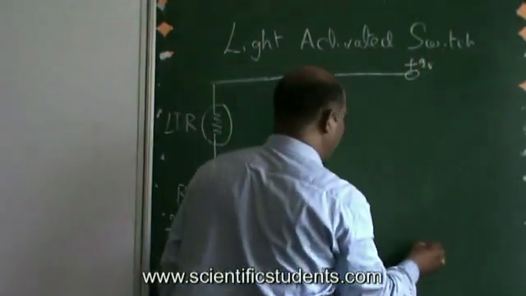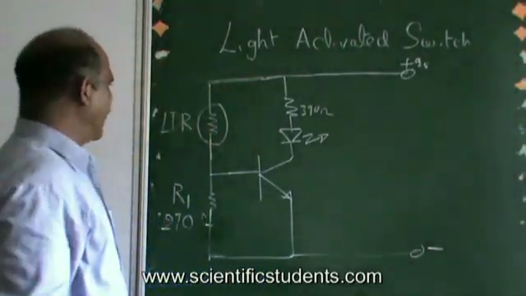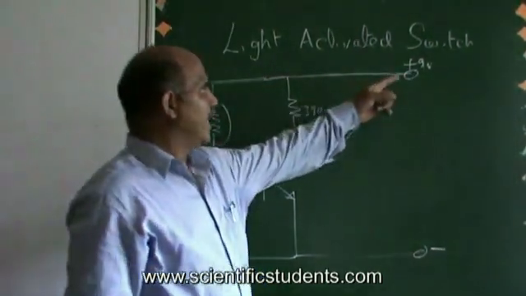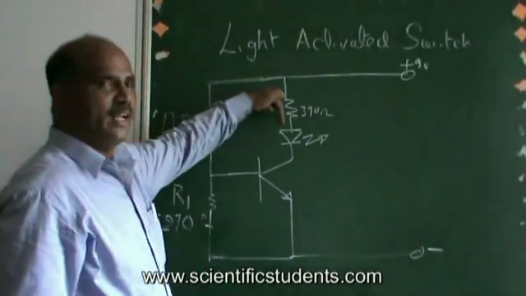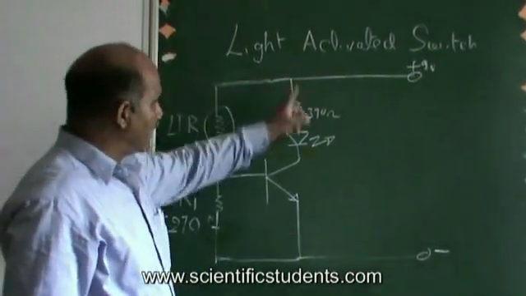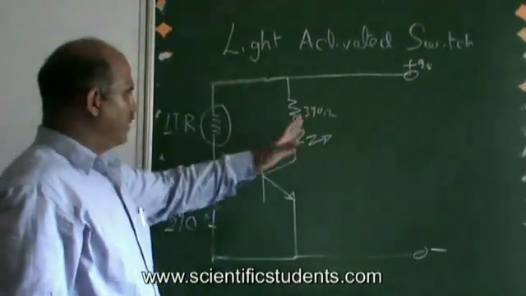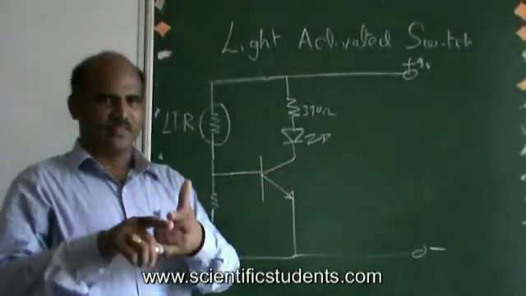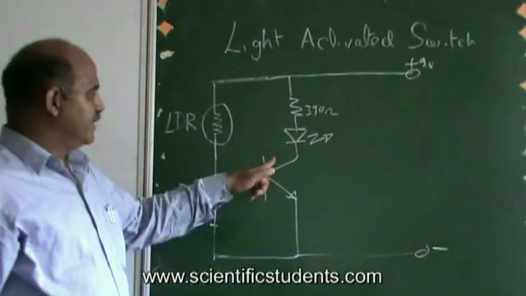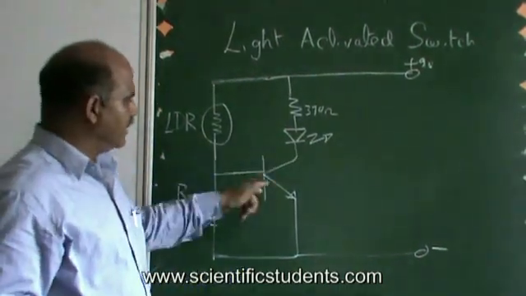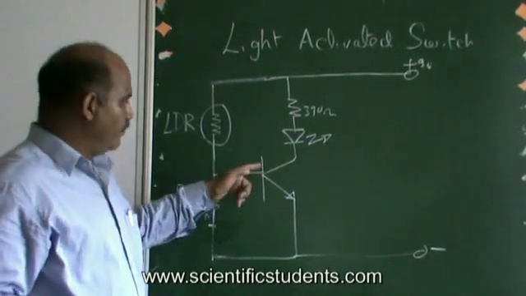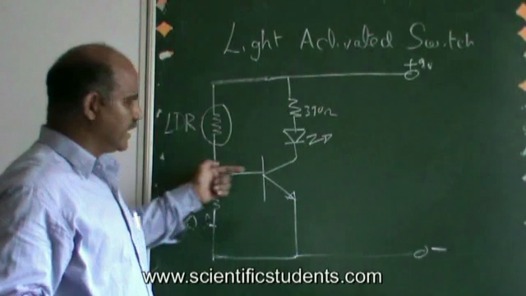This is your negative. Okay? Now what's happening? Positive 9 volts is coming here, and it wants to go down and get the circuit closed. However, we placed an electronic switch, a transistor. This will be conducting only when this is on. It will be on only when the base drive signal has come.